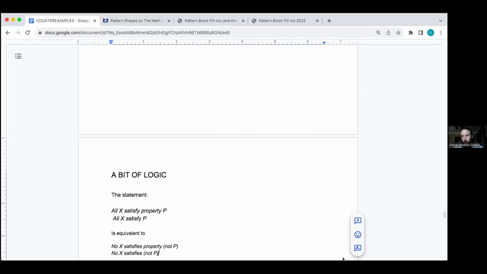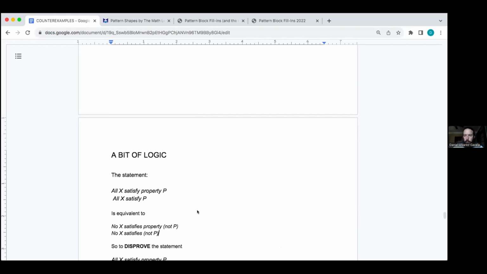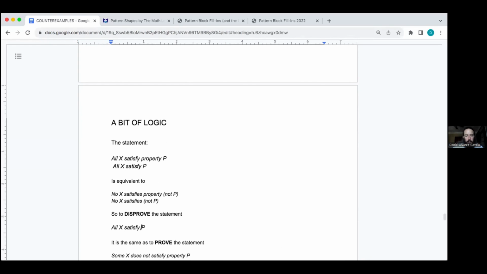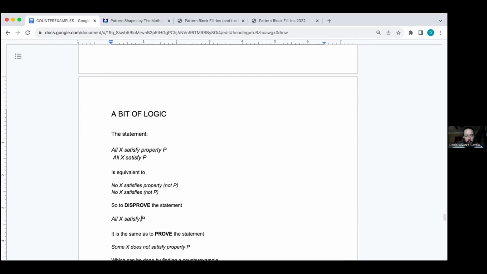These are equivalent statements logically. And so in order to disprove the statement that all X satisfy P, it's the same as to prove that some X does not satisfy P. And that's what you're doing when you're finding a counterexample.